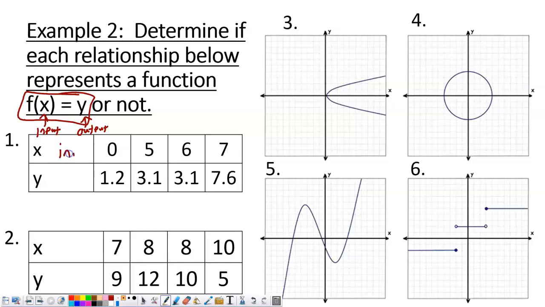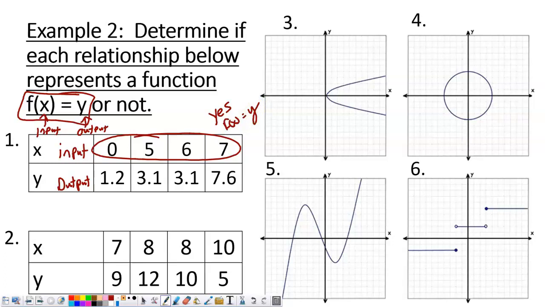Is it okay for x to be an input and y to be an output for this table? Well, when it comes to tables, so long as the input has no repeats, it can be a function. So does my input row have any repeating numbers? The answer is no. There's no repeats. So therefore, the answer is yes. F of x seems to be a function of y.